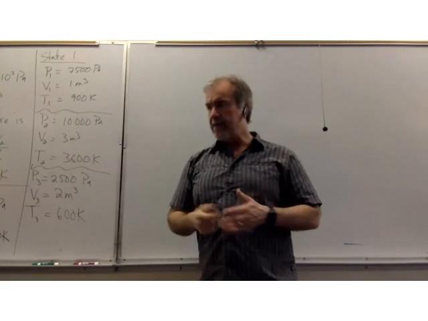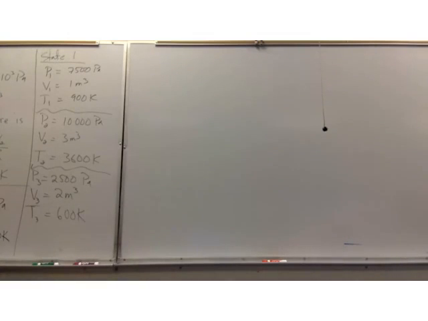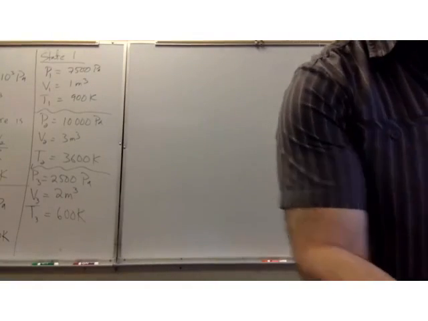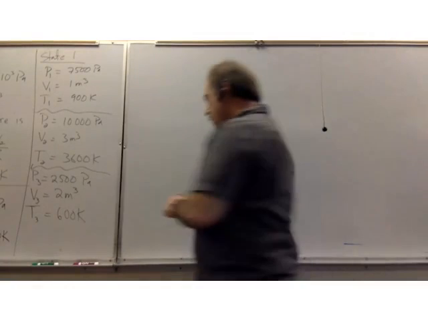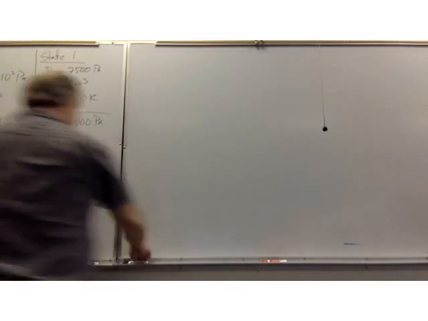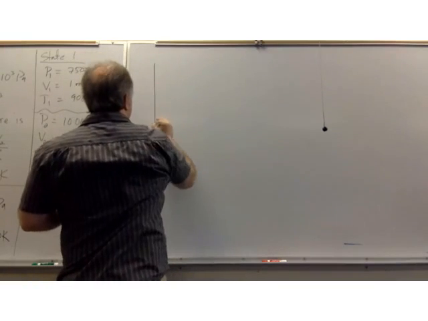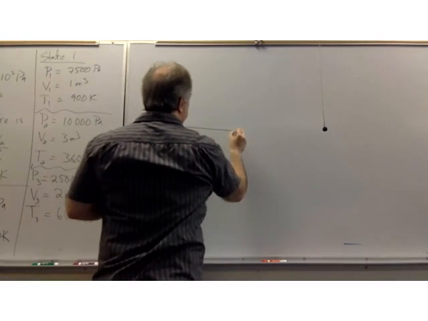So let me display that idea on a graph, or actually a sequence of graphs. My graphs are going to be, reasonably enough, pressure on one axis and volume on the other axis.